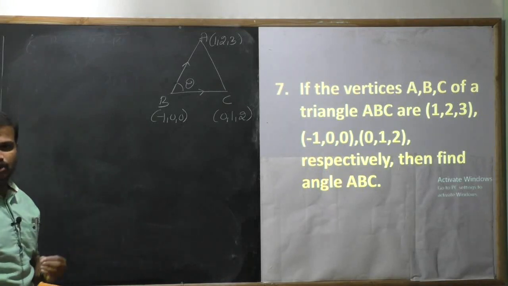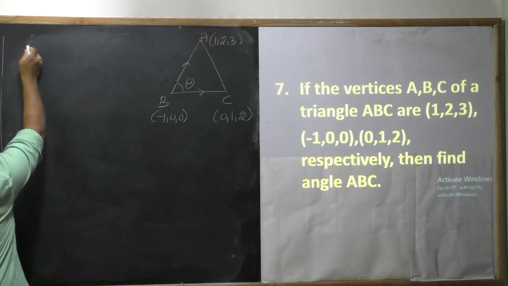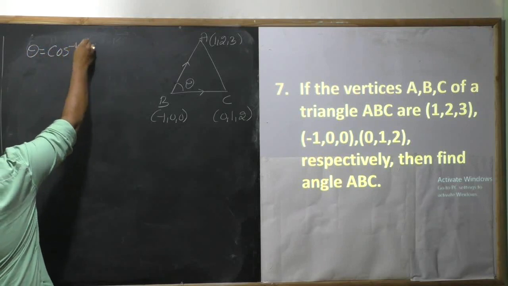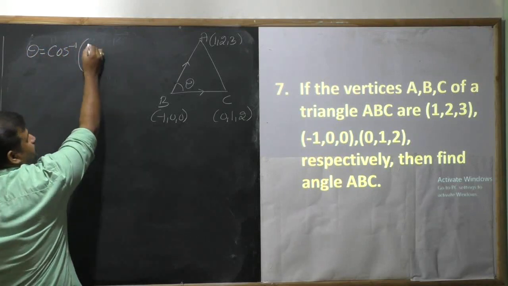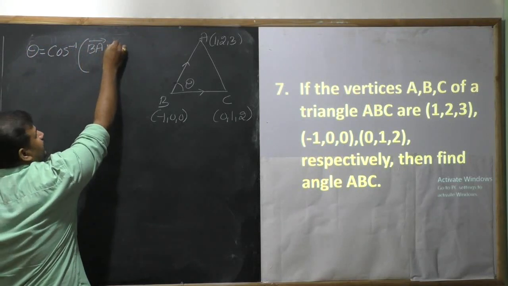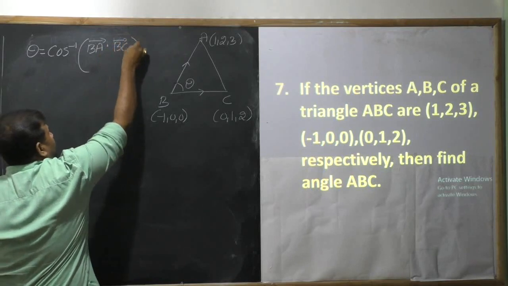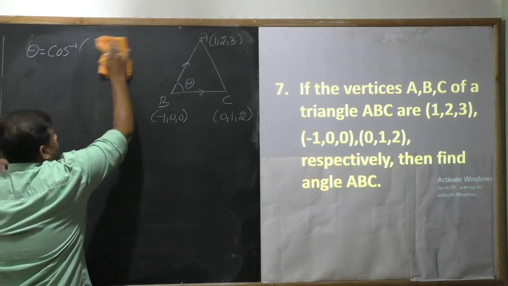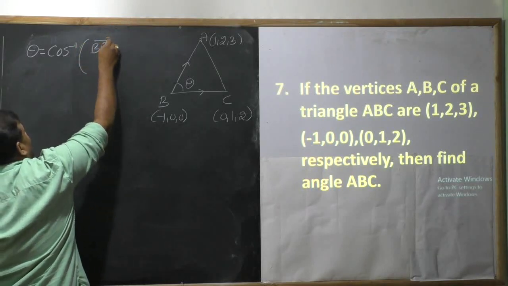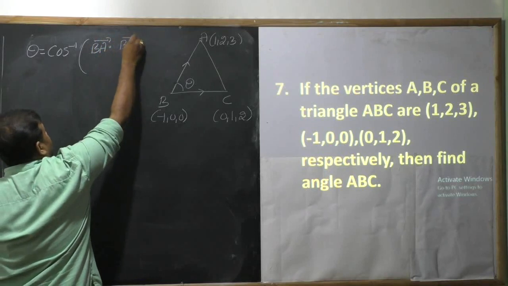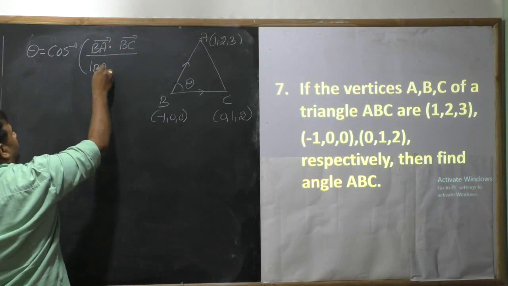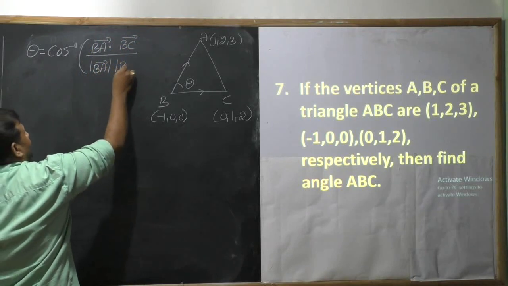The angle between two vectors is cos theta, or directly theta is equal to cos inverse of vector BA dot vector BC divided by magnitude of vector BA into magnitude of vector BC.